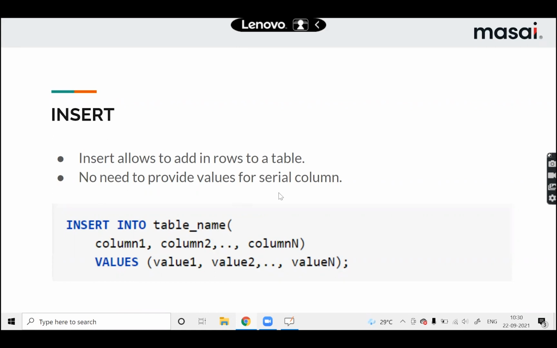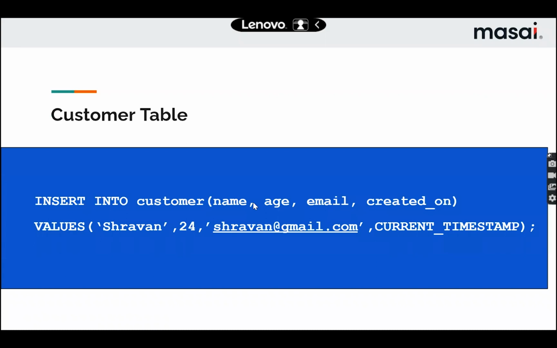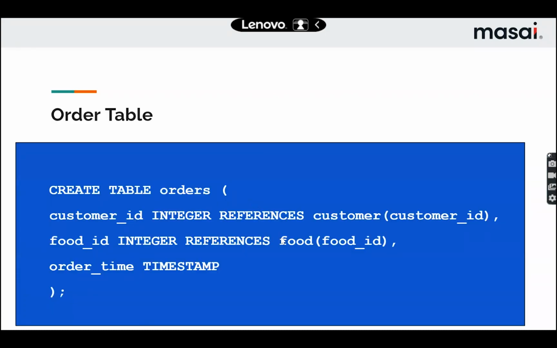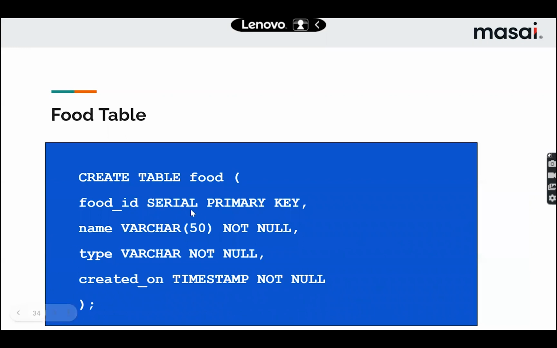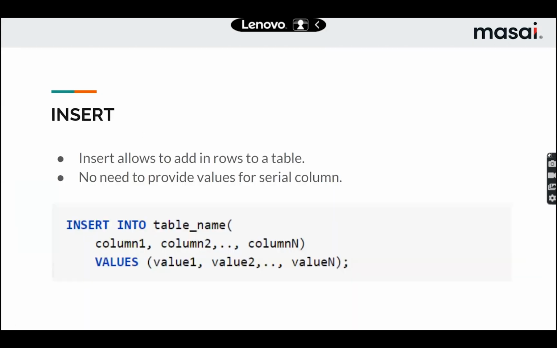Okay, as you already remember, in the serial one, when I was creating the table, I have defined the serial. So you don't need to provide the values for this one, because it will automatically be adjusted by SQL. Okay, since I've written serial, it will automatically insert the values in a sequence, in an increasing order, like 1, 2, 3, 4.